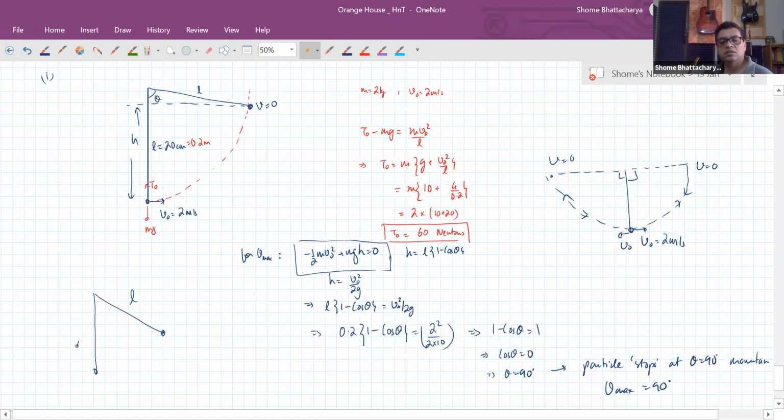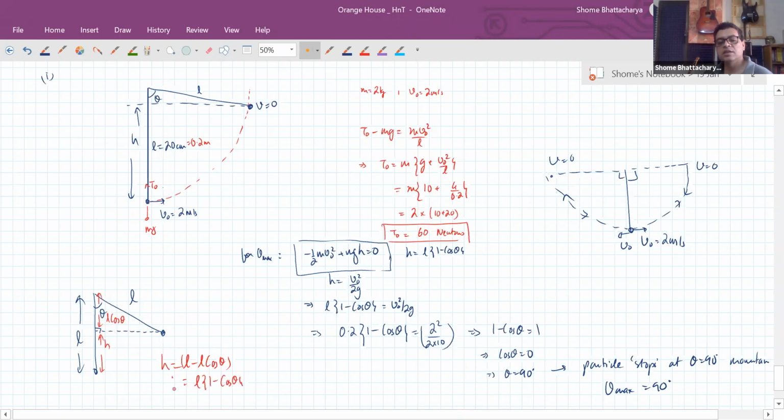See, this is L, this is L. If this is theta, then you drop this perpendicular here. So now this is h, no? So this is how much now? This is L cos theta. So h you can see is L minus L cos theta. This is a standard thing in vertical circular motion.